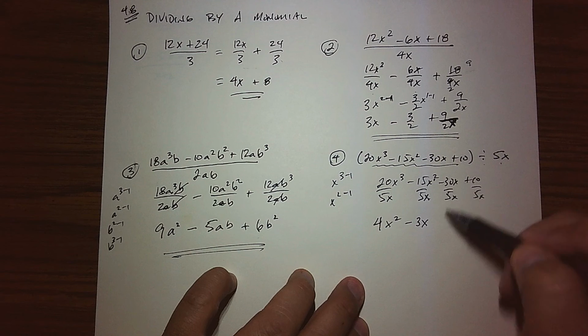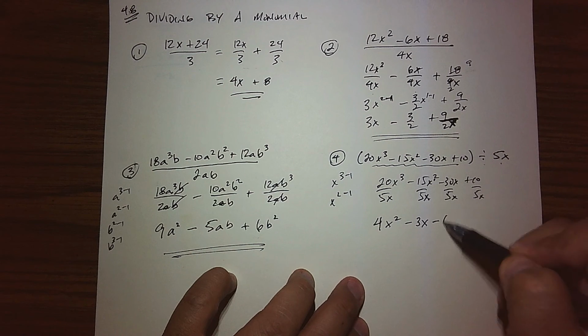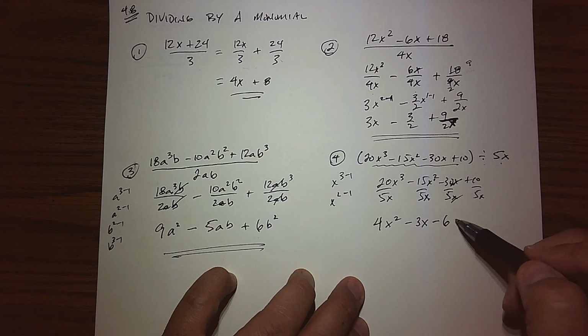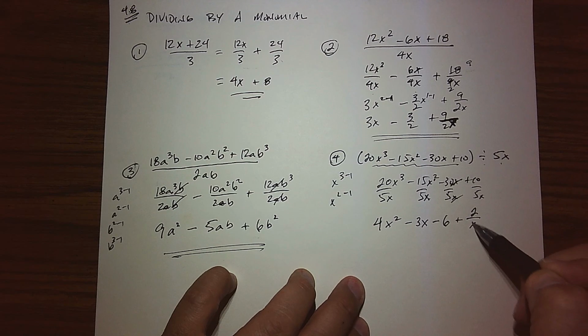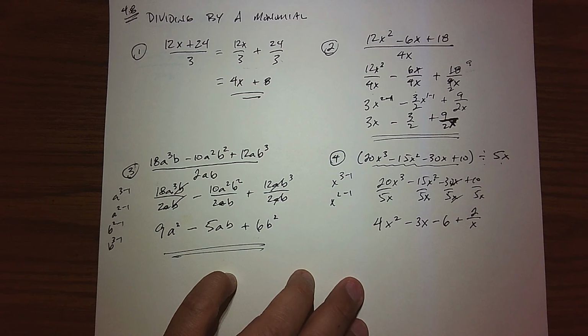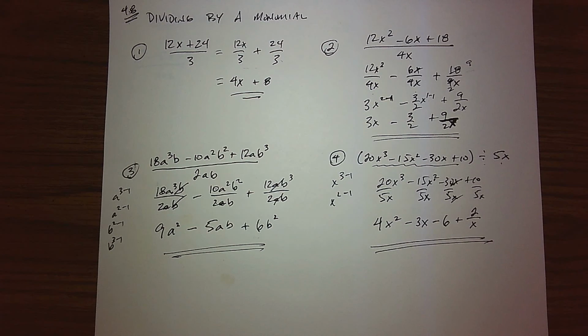Over here, 30 divided by 5 is 6. The x divided by x is basically going to divide itself out, leaving us with 1. And then last but not least, 10 over 5 gives us a 2. And then that x basically stays on the bottom. And so there would be our final answer for number 4.